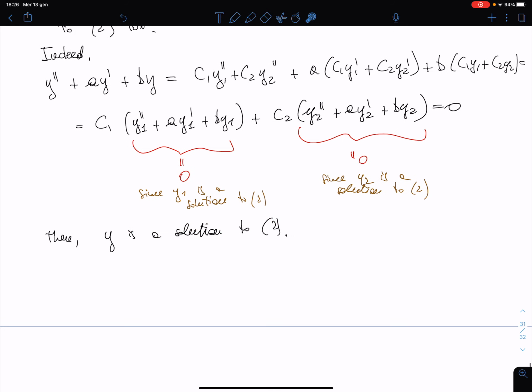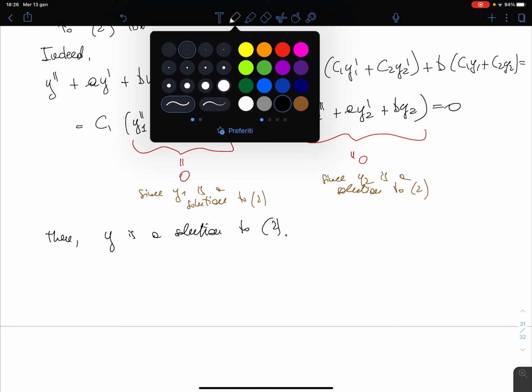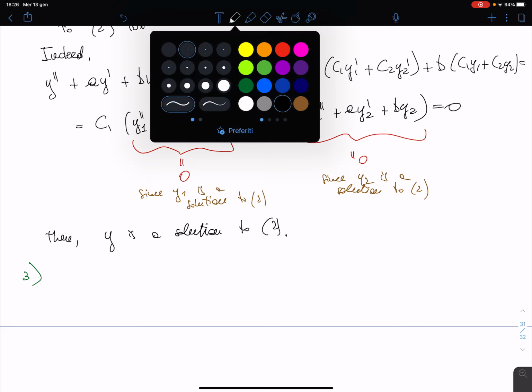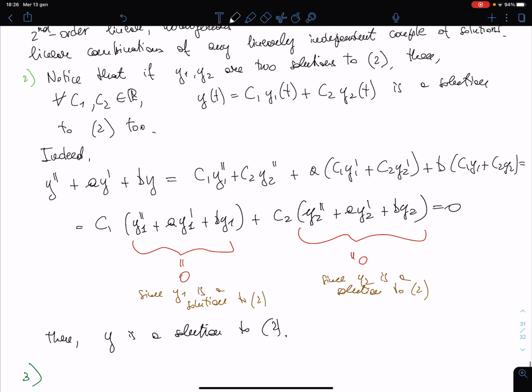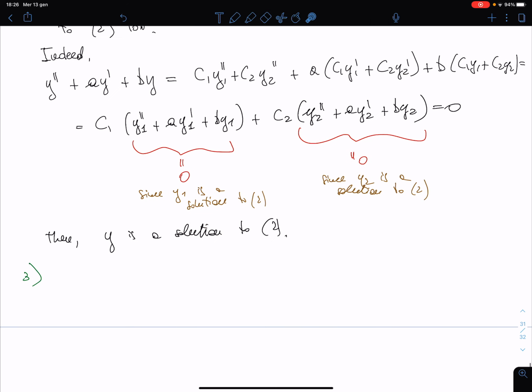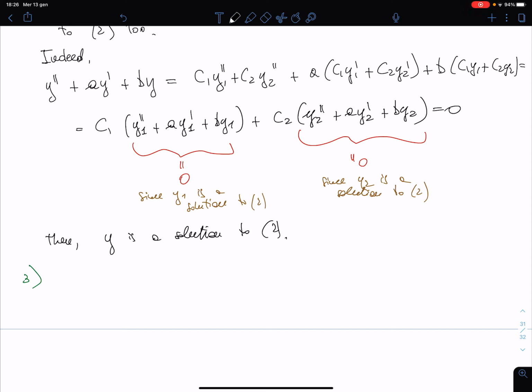The third comment. Here we notice that every linear combination of solutions is a solution, and the theorem says that there are no other solutions.